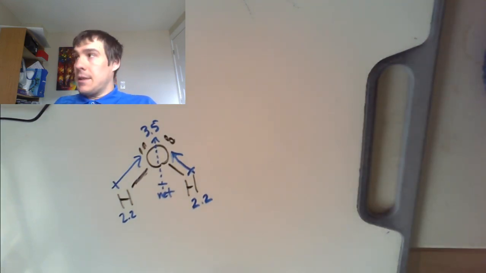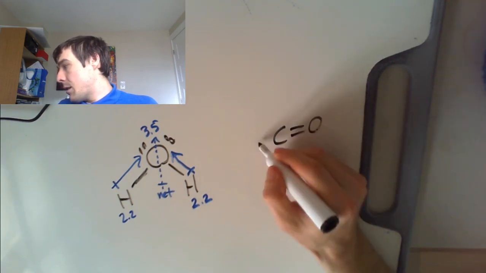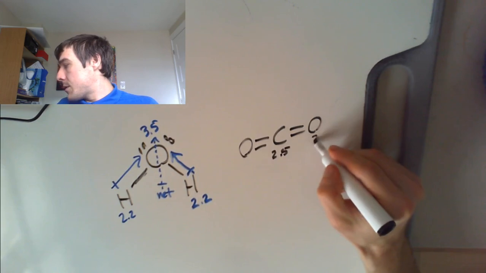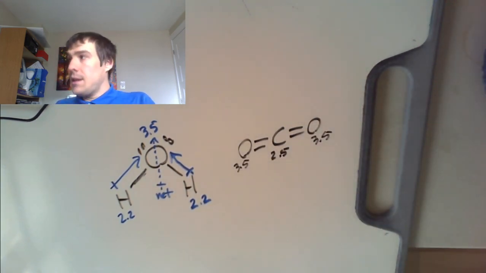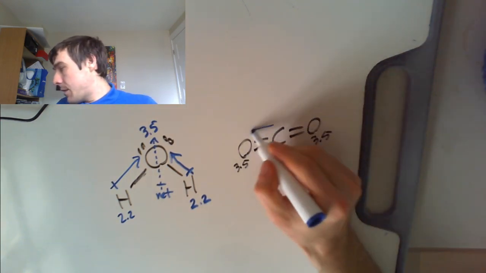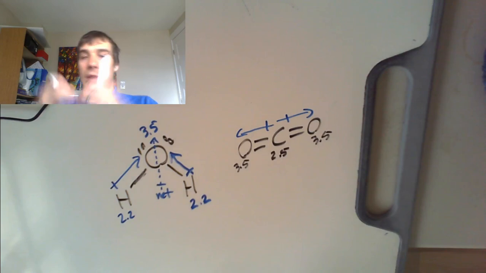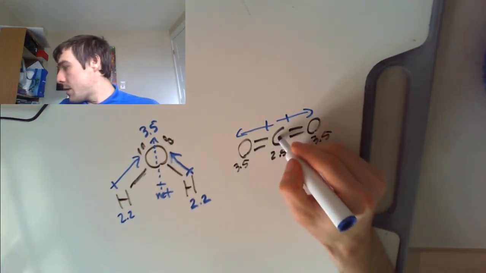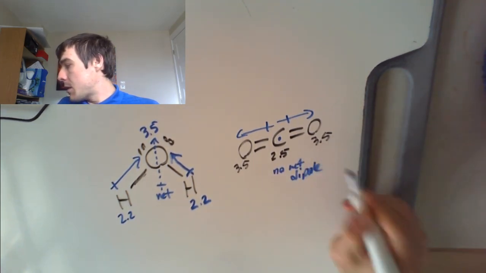Compare that to something like carbon dioxide, where the carbon is a 2.5 and the oxygen is a 3.5. But the dipoles are in opposite directions. So it's almost like two teams of tug of war with the same pull both ways. So there's no net dipole.